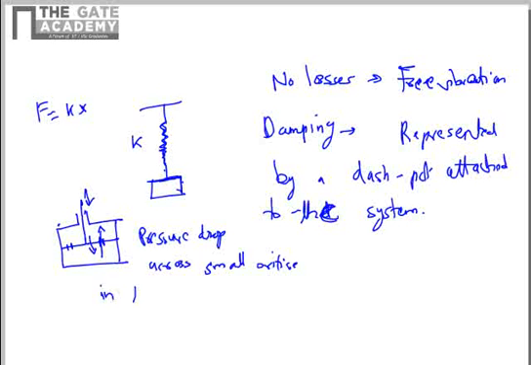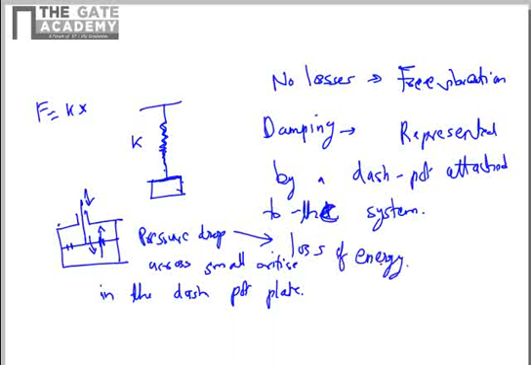This pressure drop is basically a loss of energy. So that energy has to be supplied from somewhere. That energy will be supplied from the force which is pushing the piston down or pulling the piston up.